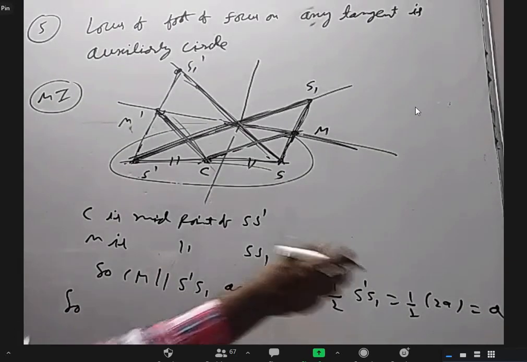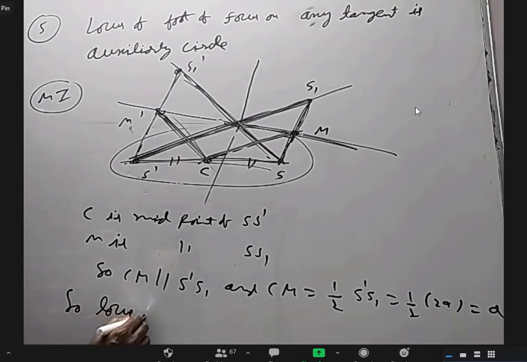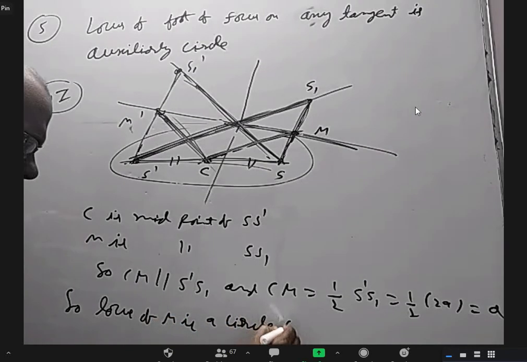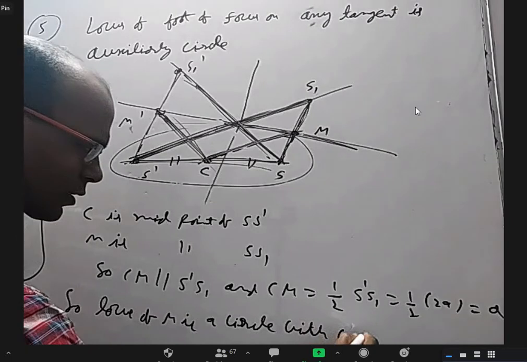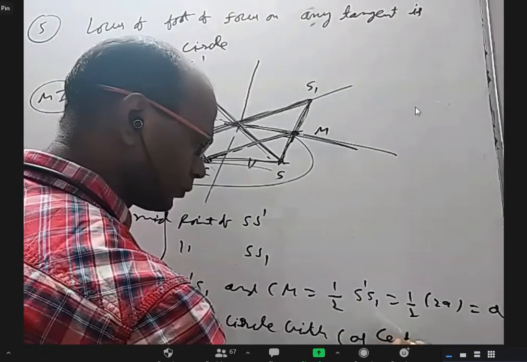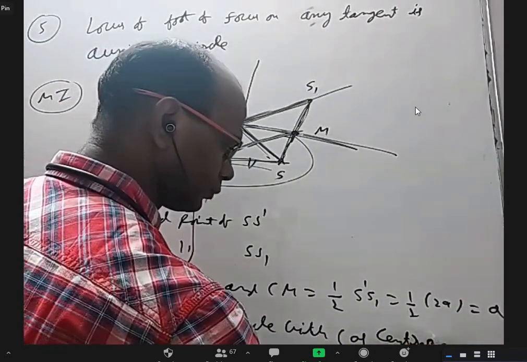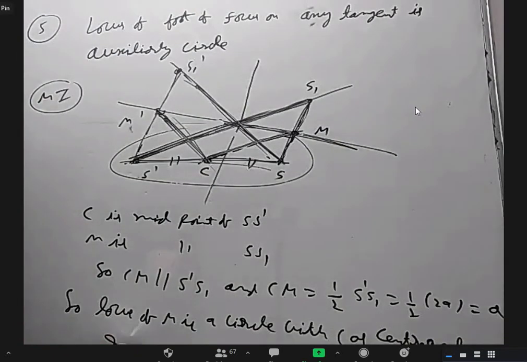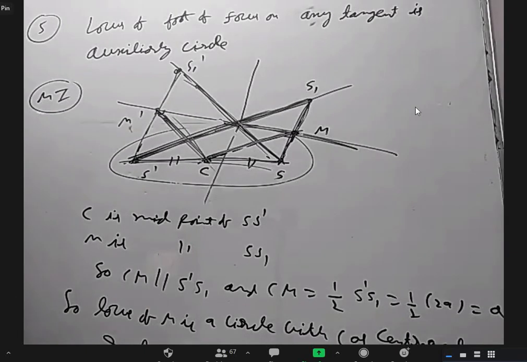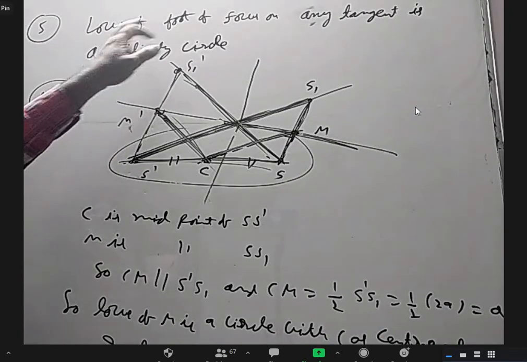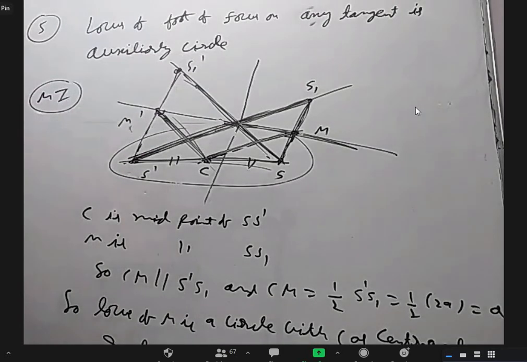So CM is equal to a, so the locus of M is a circle with C as the center and radius a. Locus of the foot of the focus on any tangent is the auxiliary circle.